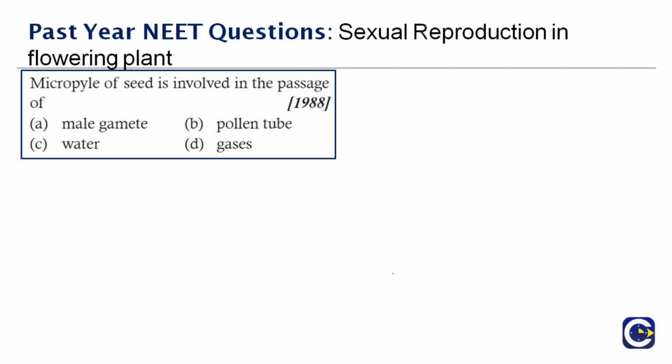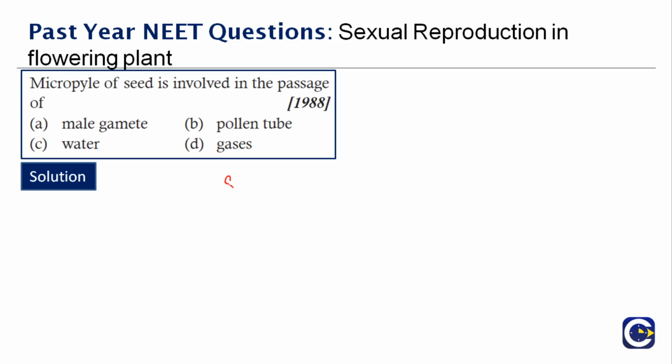Next question. The micropyle of a seed is involved in the passage of ____, and this question was asked in the year 1988. I think we already discussed the micropyle in the earlier part of the same chapter. Can anybody recall what this micropyle is? In botany, you call this a small opening.